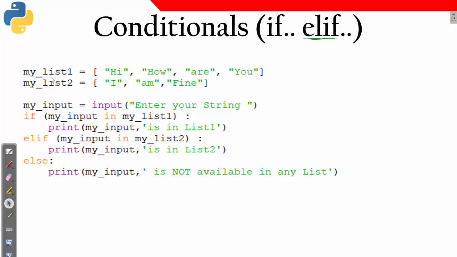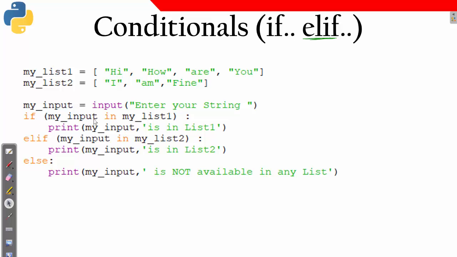Let us say my list is hi, how are you, and my list 2 is I am fine. Now I am taking an input, a string, and I write: if my input in my list. Look here, I have given a bracket in this condition statement. If you write a bracket, no problem; if you do not write a bracket, also no problem.